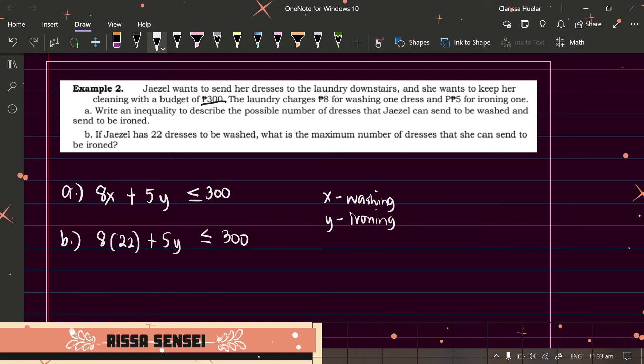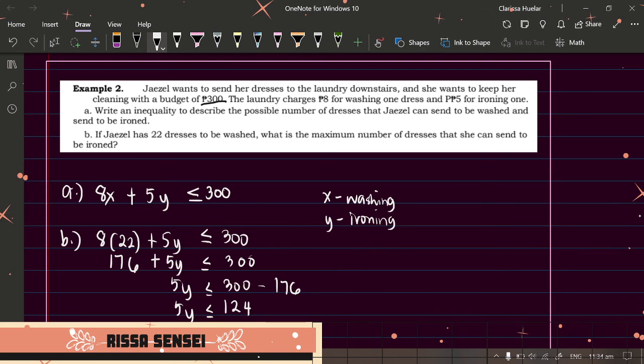So, 8 times 2 is 16, carry 1, so that's 176 plus 5Y, less than or equal to 300. So, same as before. From positive 176, it will become negative on the right side. 5y less than or equal to, so this is 124.